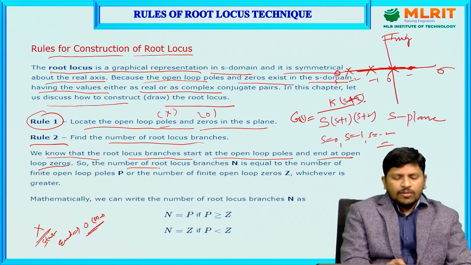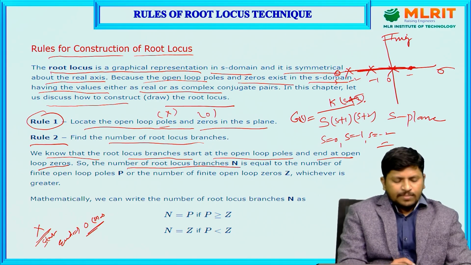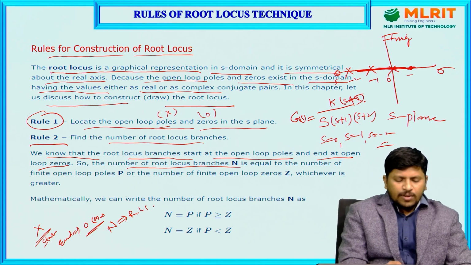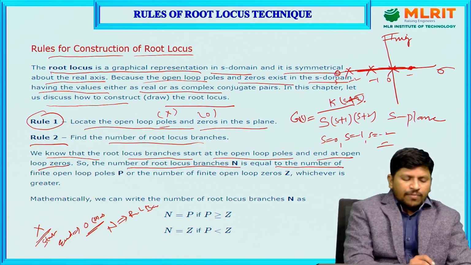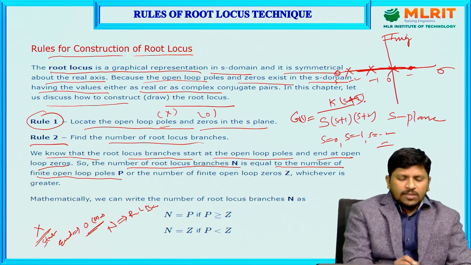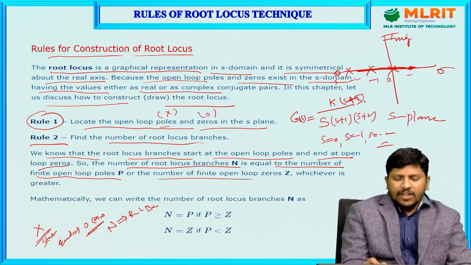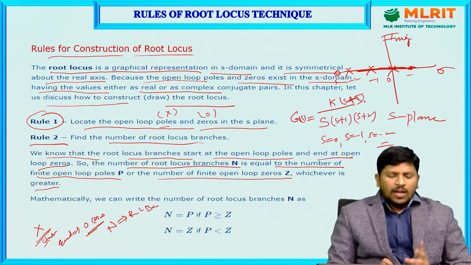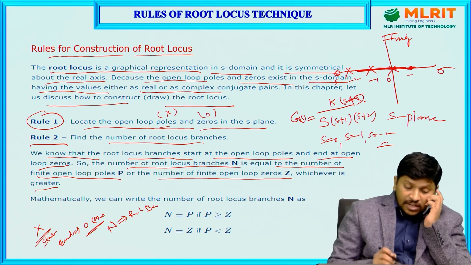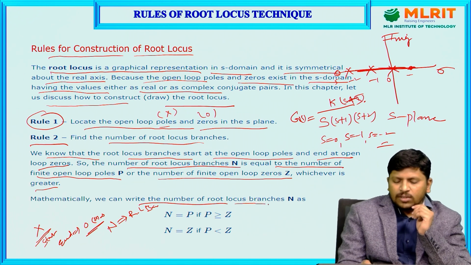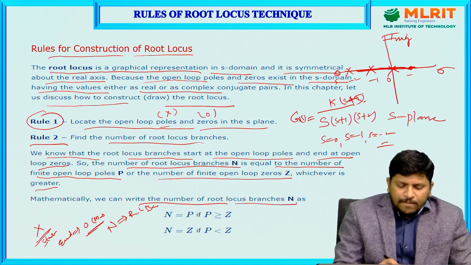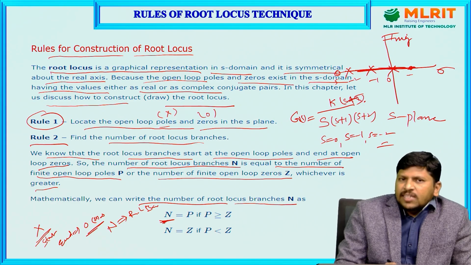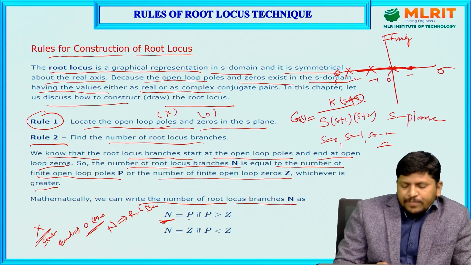The number of root locus branches is equal to the number of finite open loop poles P or the number of finite open loop zeros Z, whichever is greater. Mathematically, the number of root locus branches N equals P.